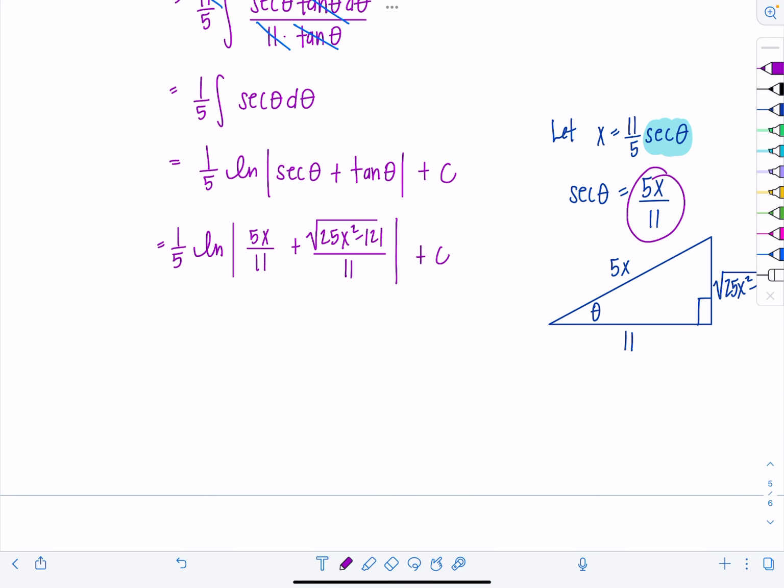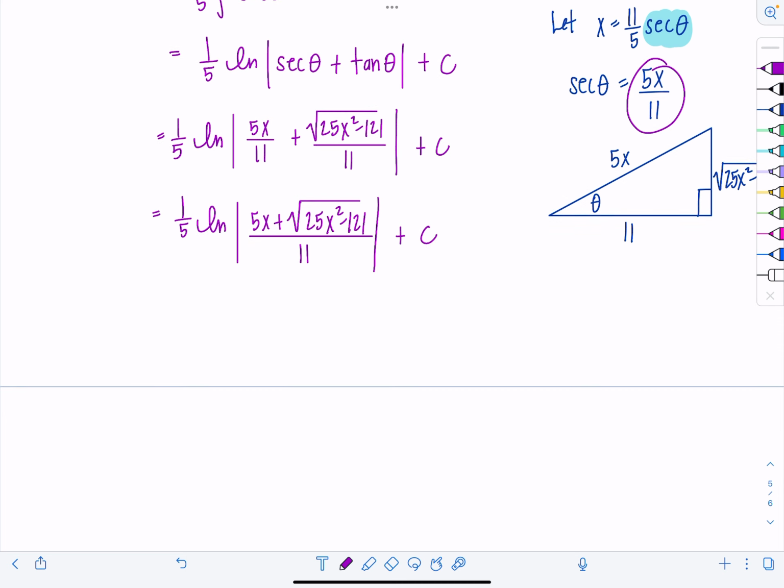Okay, we're going to do the same thing with the natural log and the constant. Do you remember what it was? 1/5 ln, absolute value, this is 5x plus rad 25x squared minus 121 over 11 plus c. And then we can use our properties of logarithms and rewrite this as ln absolute value 5x plus rad 25x squared minus 121 minus ln of 11, like that, plus c.